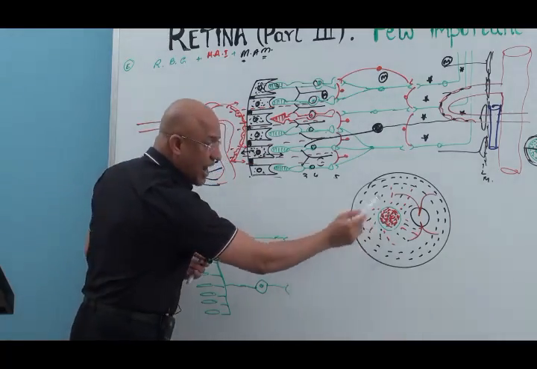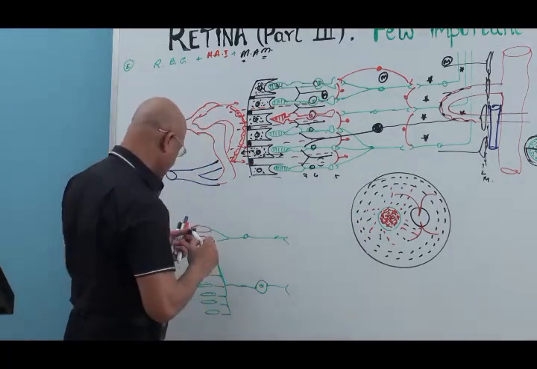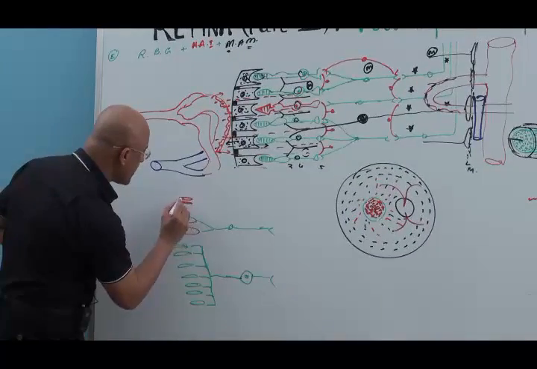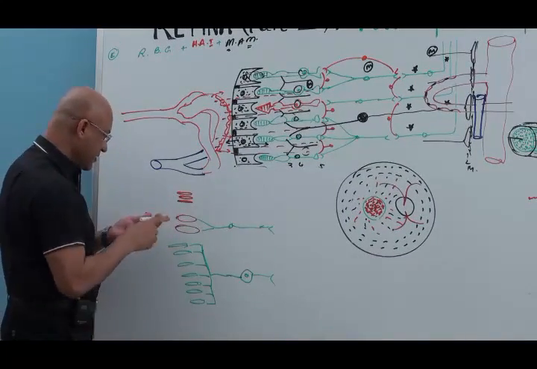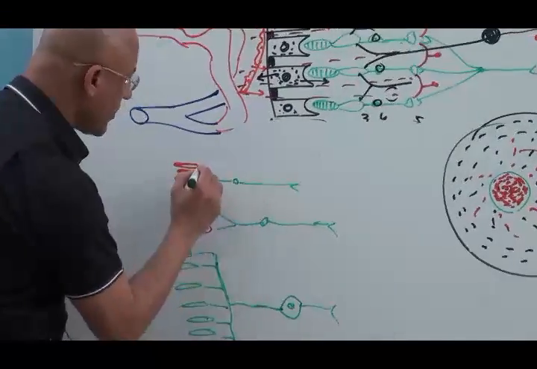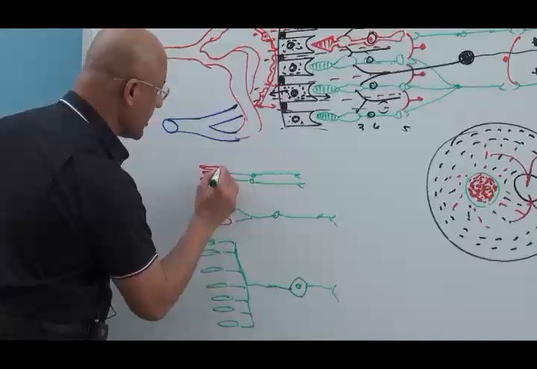But in the macula, especially in the fovea centralis, cones become very smart. They are connected one-on-one with the bipolar cells.